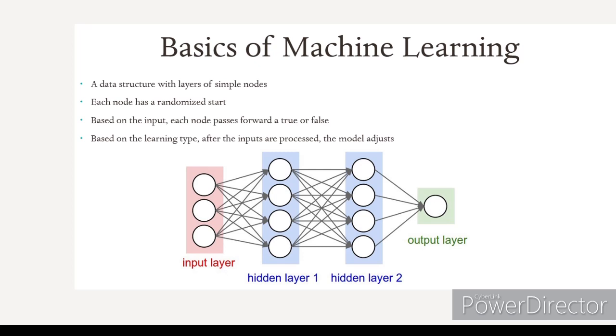After each computation, the results are fed through the layers and are outputted in the output layer. If, for example, you were trying to identify whether a picture was a cat, the input layer would be the pixels in the picture of a cat. Hidden layers would be different ways of processing those pixels, and the output layer would be a true or false Boolean.